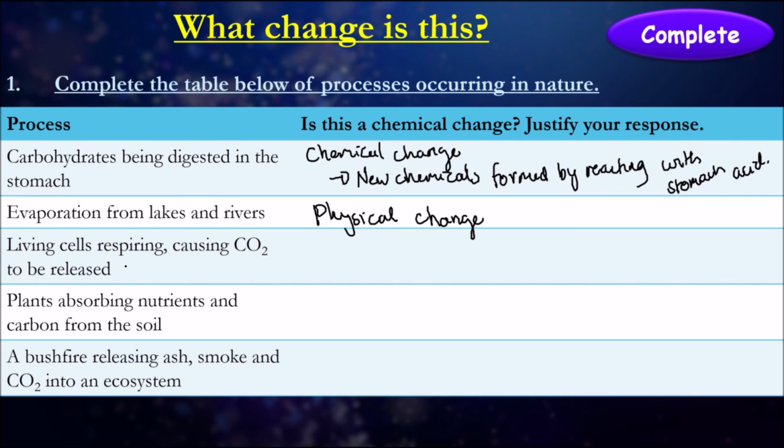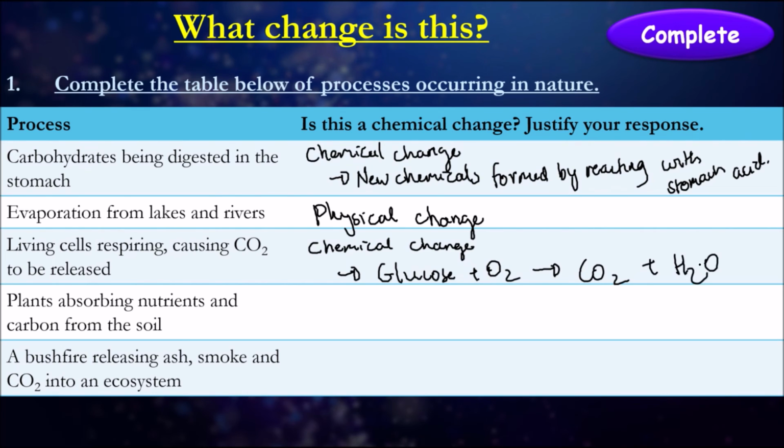Living cells respiring, causing carbon dioxide to be released, is a chemical change. Again, the reason is because we converted glucose plus oxygen into CO2 and water. Plants absorbing nutrients and carbon from the soil.